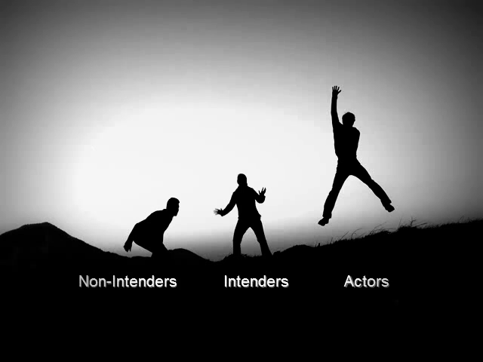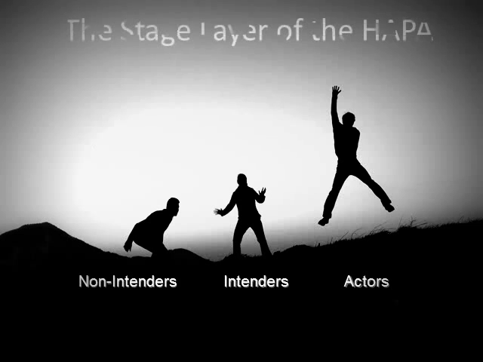Thus, in addition to health behavior change as a continuous process, we can also create three categories of people with different mindsets depending on their current point of residence within the course of health behavior change. HAPA has two layers, a continuum layer and a stage layer. Depending on the research question, one might choose the one or the other.